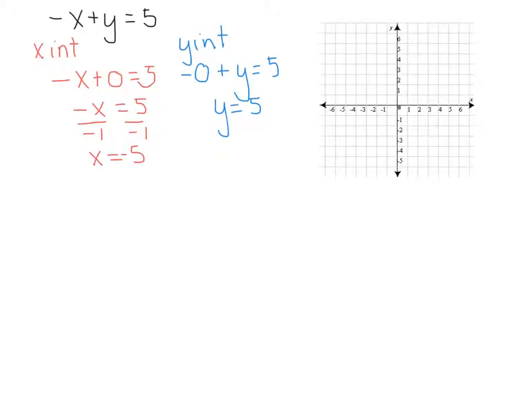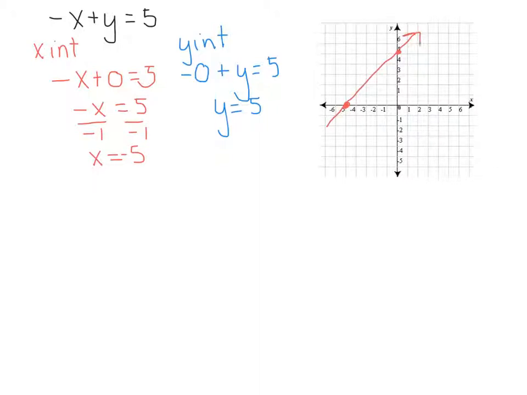When we are graphing these, you are only graphing these 2 points. Remember, intercepts are where they cross the axis. I'm going to go to the x-axis and graph the point negative 5. I'm also going to go to the y-axis and graph the point positive 5.